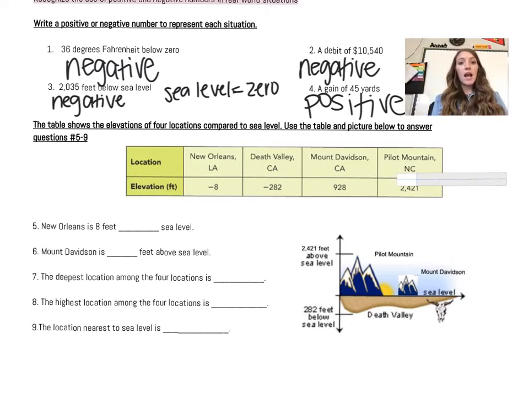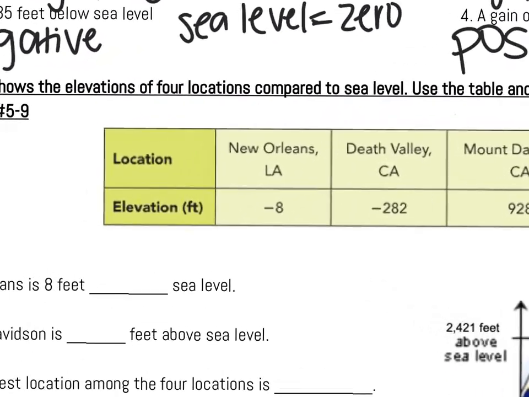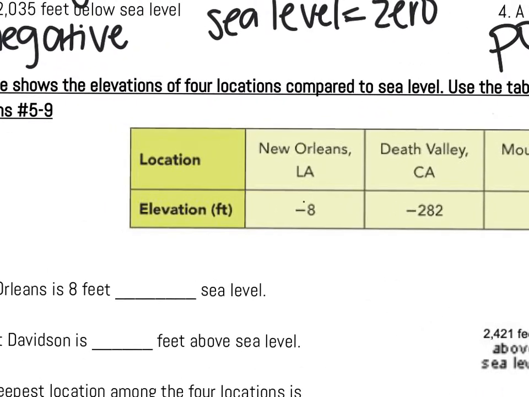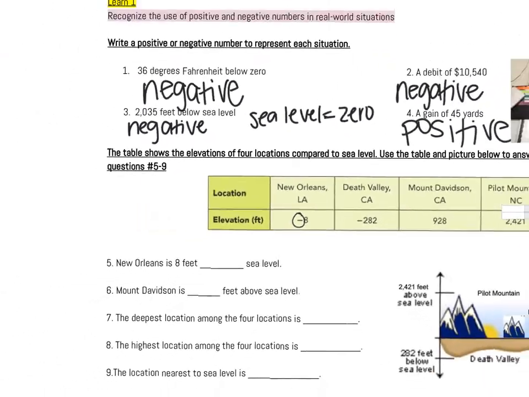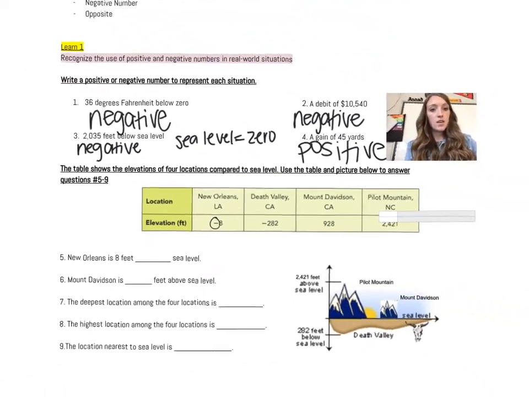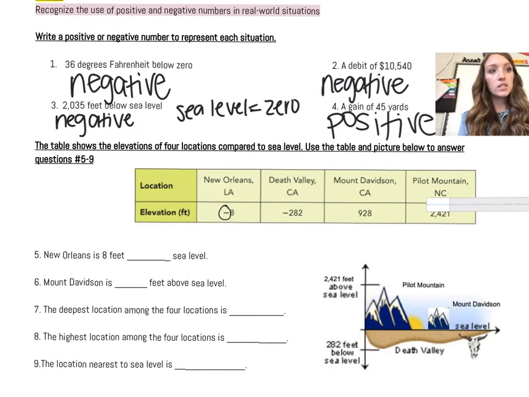We have to decide, is it above or below sea level? If I zoom in to New Orleans here, there's a negative sign. So that means that I'm going to be 8 feet below sea level.